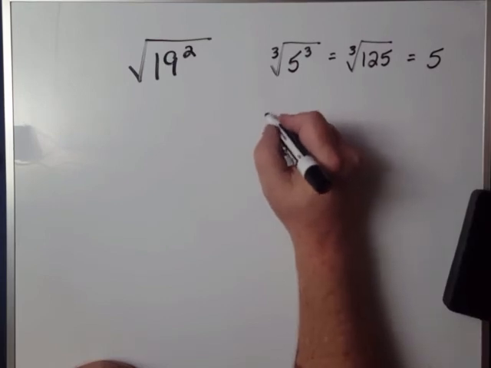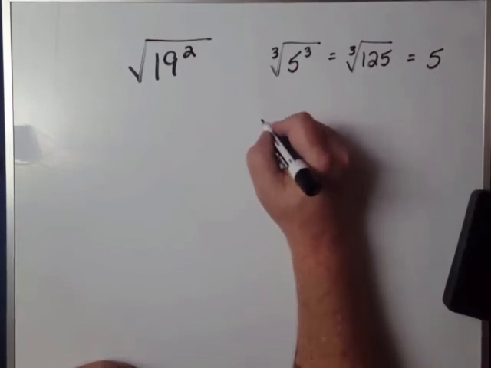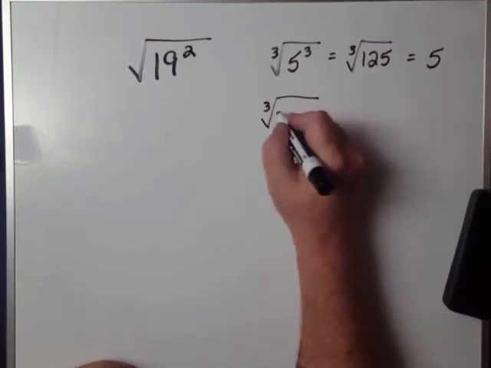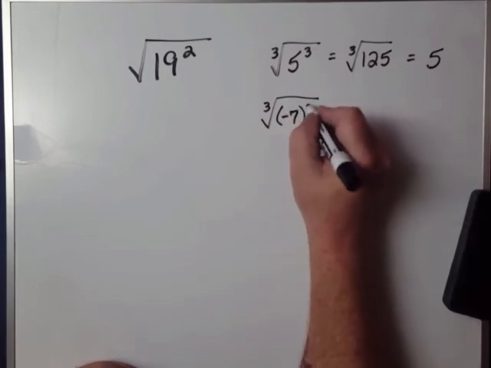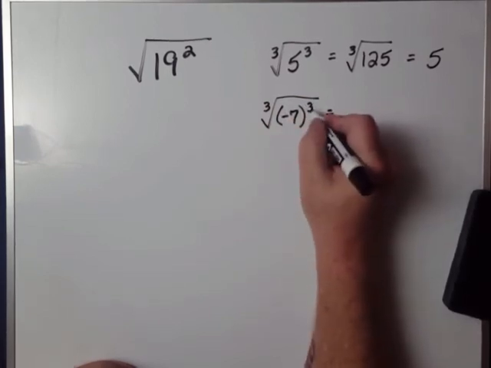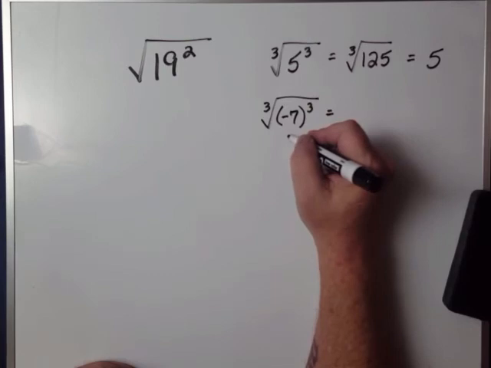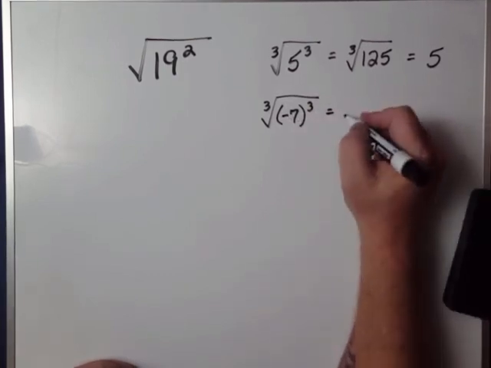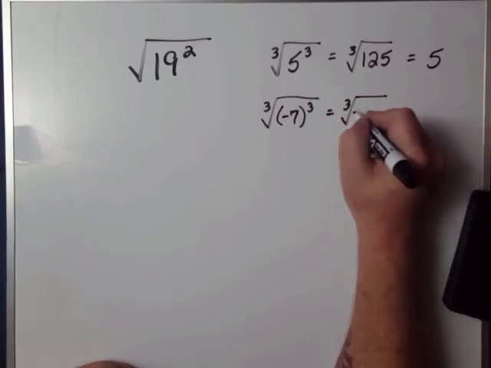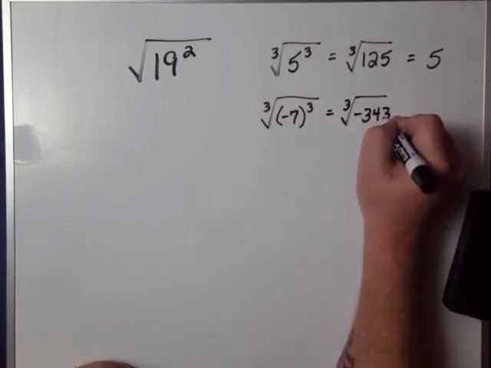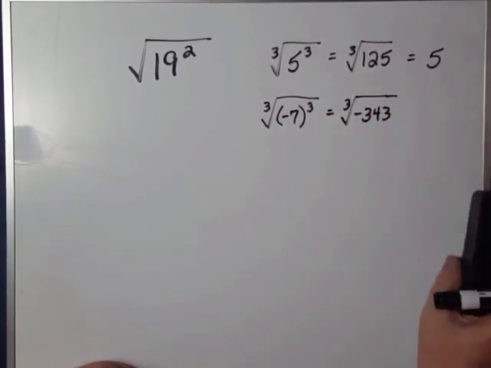What if that base in that radicand were negative? Cube root of -7 cubed. Well, an odd power doesn't strip off a negative. -7 quantity cubed is -343. It keeps its sign.